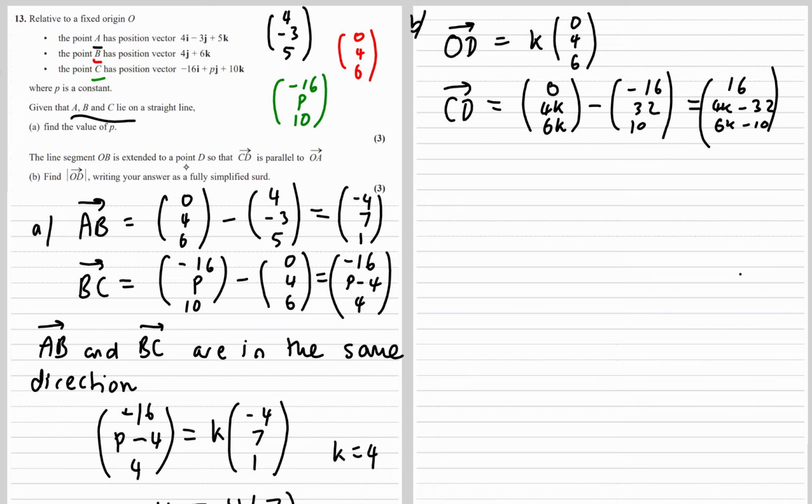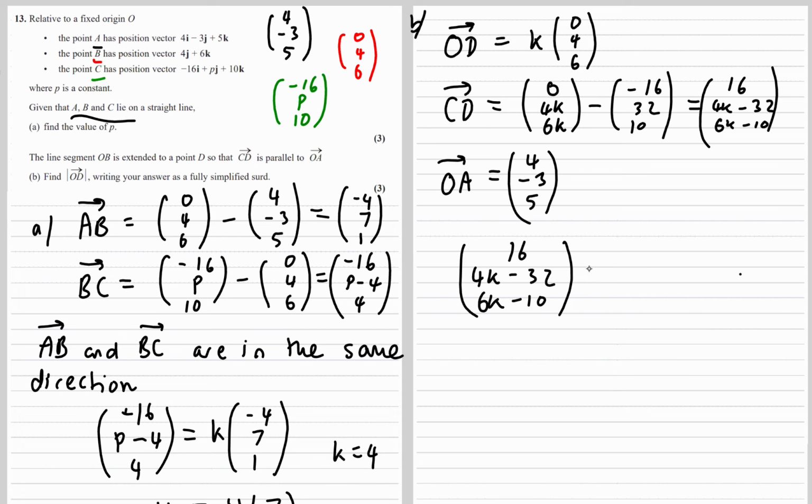C to D is parallel to O to A, so it's in the direction of O to A, which is 4, negative 3, 5. So again, if they're in the same direction, one's a multiple of the other. So 16, 4k minus 32, 6k minus 10 is a multiple.